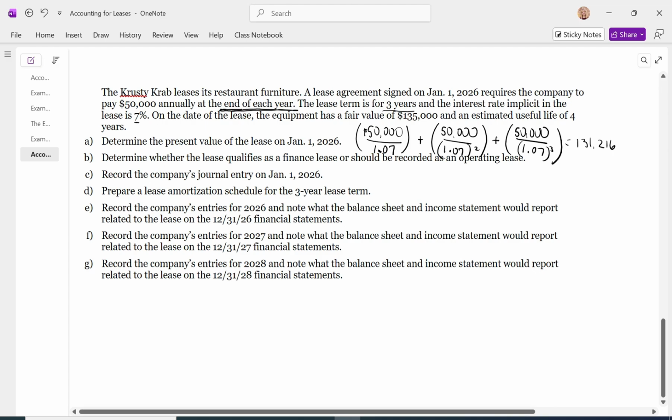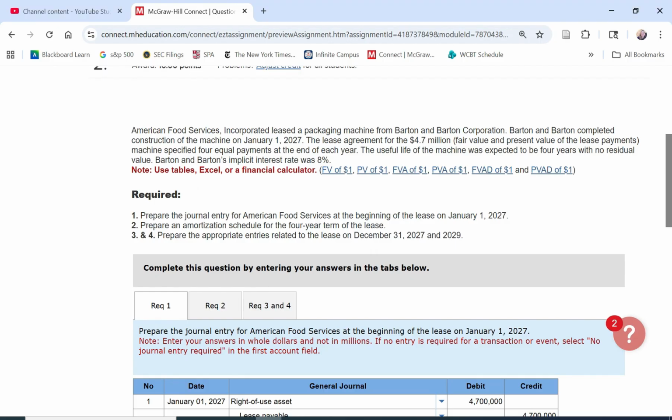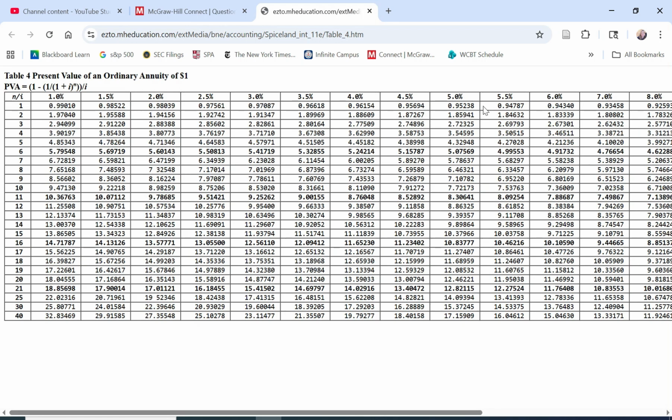Now, another way that we could get this number is by using present value of an annuity factor. And so you'll see in Connect we have these links to tables. Because the amount is due at the end of the year, we want the present value of an annuity as opposed to the annuity due. Annuity due is when the first payment is made at the beginning of the year. We want present value of an annuity.